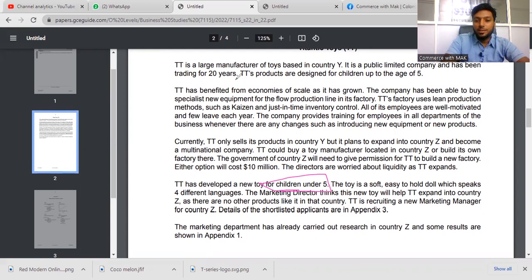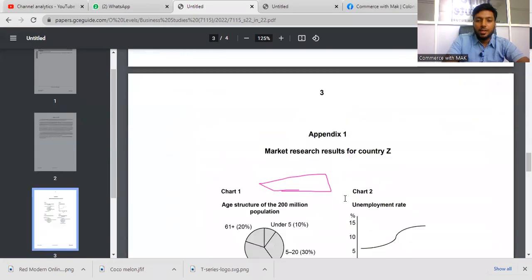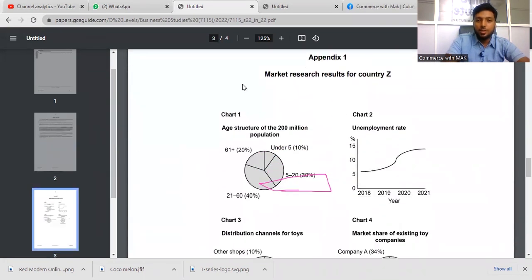In chart 1, we can understand that 10% of the people are children less than 5 years old. This gives a great understanding of the market, of how much of the age structure they are going to cater to when selling the product.